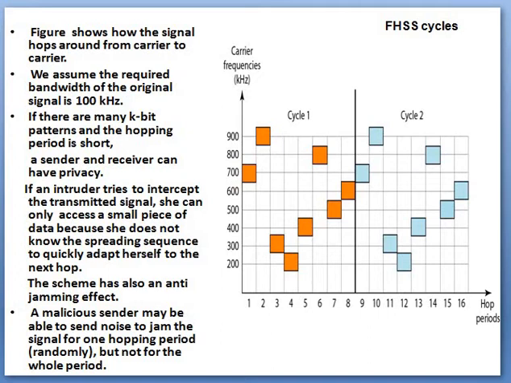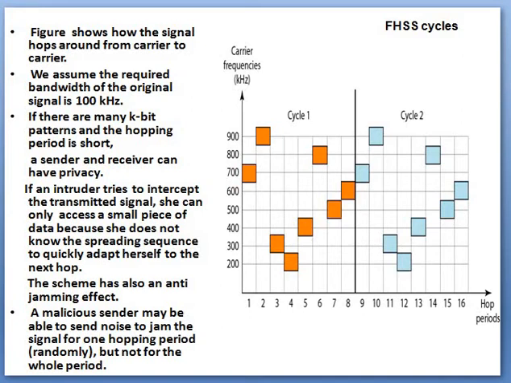If there are many k-bit patterns and the hopping period is short, then the sender and receiver can have privacy. If an intruder tries to intercept the transmitted signal, he or she can only access a small piece of data because he or she does not know the spreading sequence to quickly adjust to the next hop.